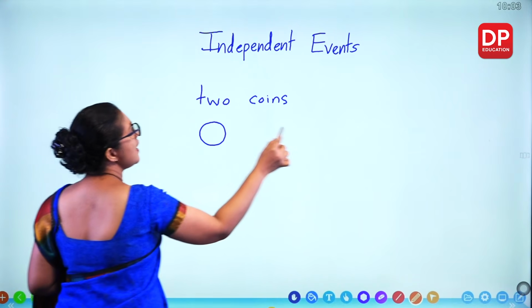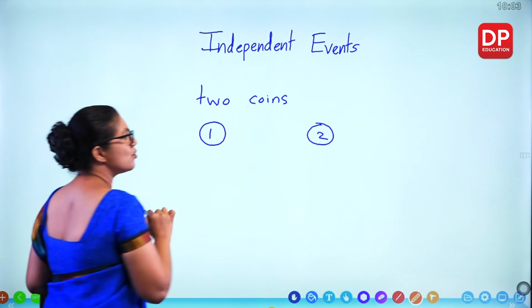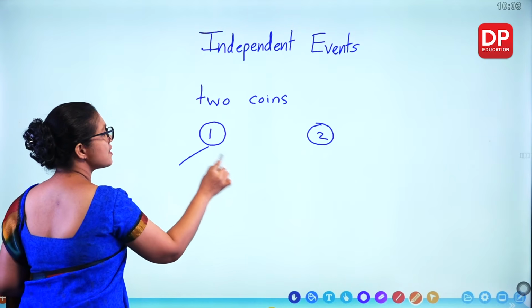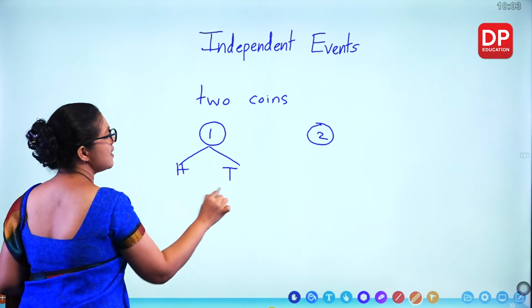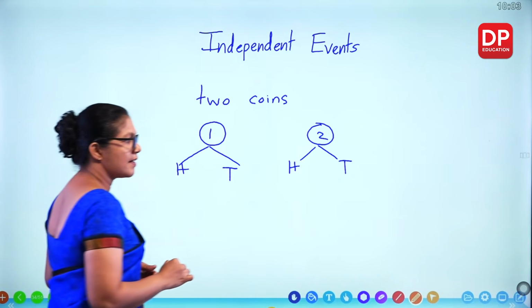So one coin and another coin. Coin 1, coin 2. What are the possible outcomes? You can get head or tail from the first coin, and head or tail from the second coin.